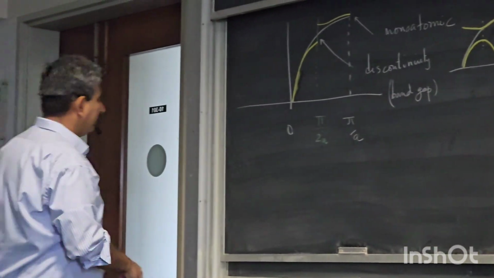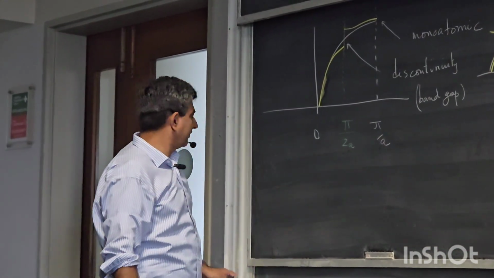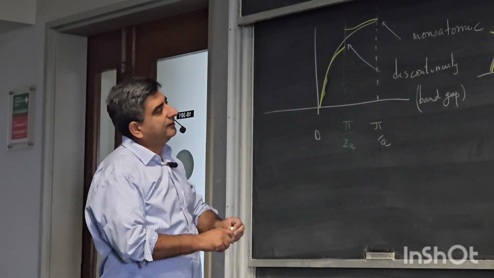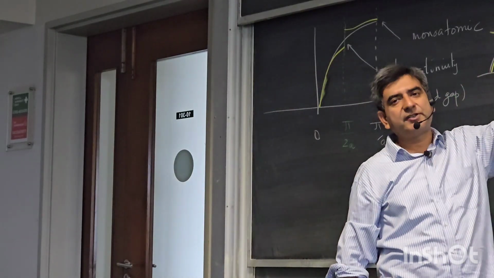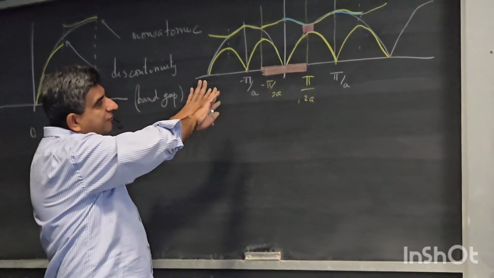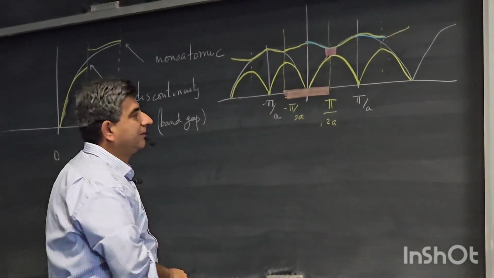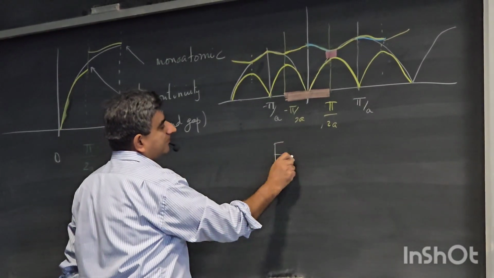So now we do also know that there is this kind of diagram that we can draw for the dispersion relationship. This diagram, which shows all the Brillouin zones, is called an extended zone scheme.